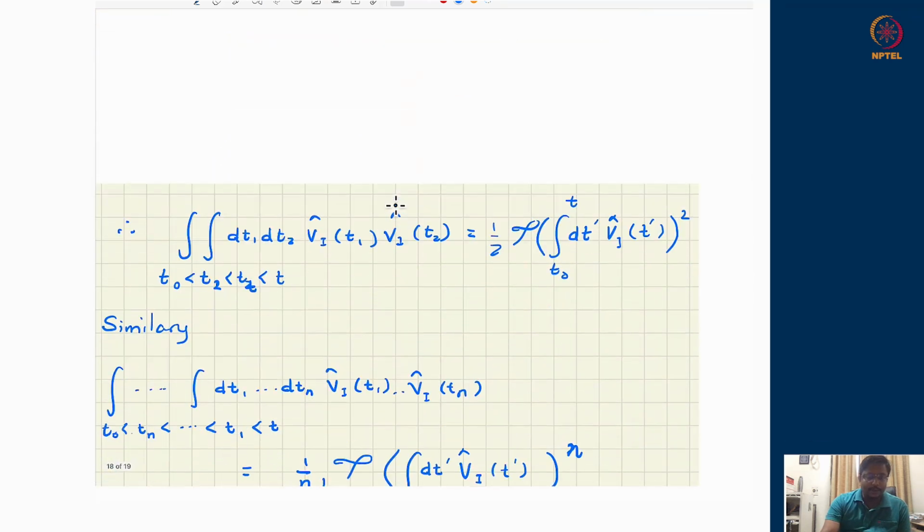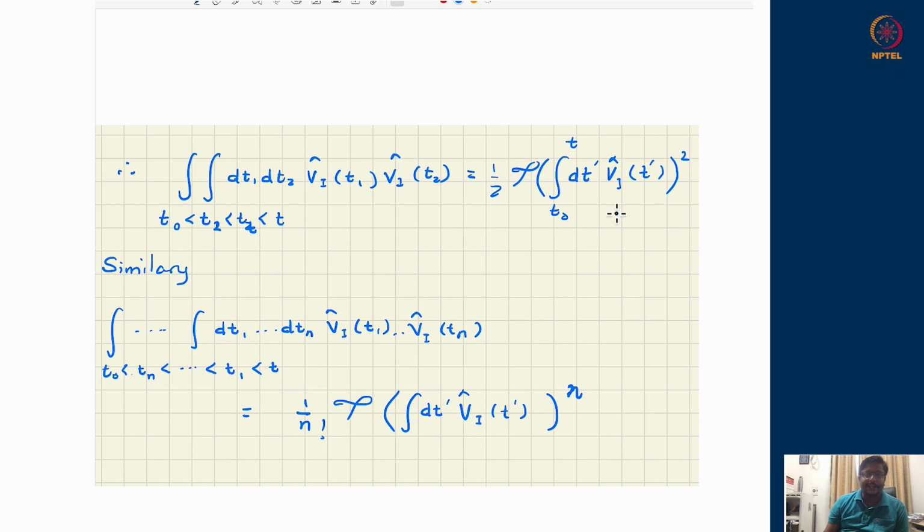So I am going to write the time ordered full square as twice the lower integral. And therefore, just the lower integral will be 1/2 of the time ordered square.